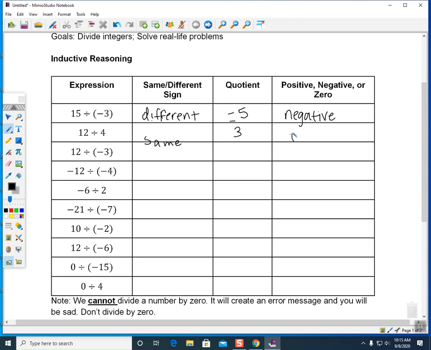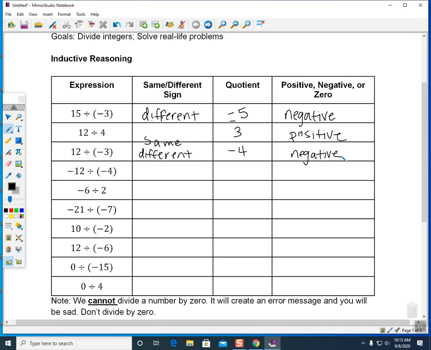My answer is positive. 12 divided by negative 3, they have different signs. 12 divided by negative 3 gives me a negative 4. My answer is negative.